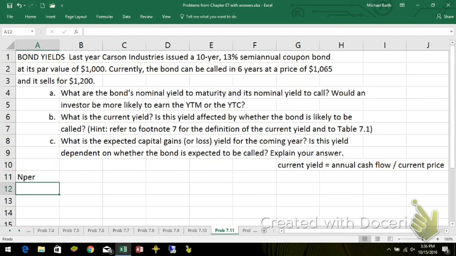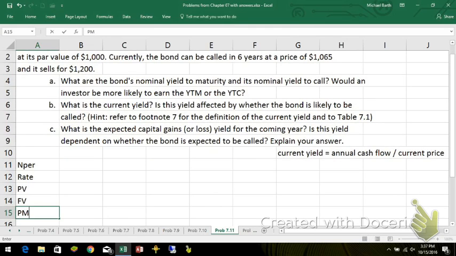If we want to set up the problem, we need to take this information and calculate yield to call and yield to maturity. The yield to maturity is calculated by mapping out the cash flows on the assumption that the bond pays as agreed, isn't called, and doesn't default.